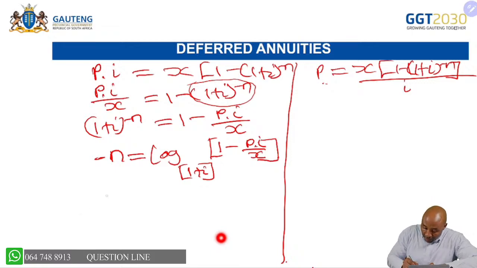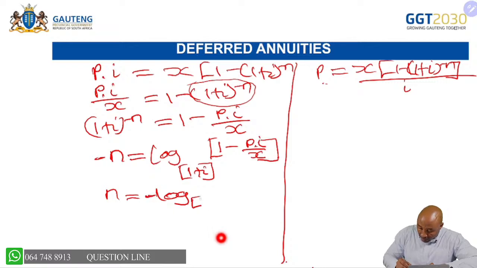If I divide by negative, my N will be given by the negative logarithm of base 1 plus I, and then on the other button, 1 minus P times I over X.